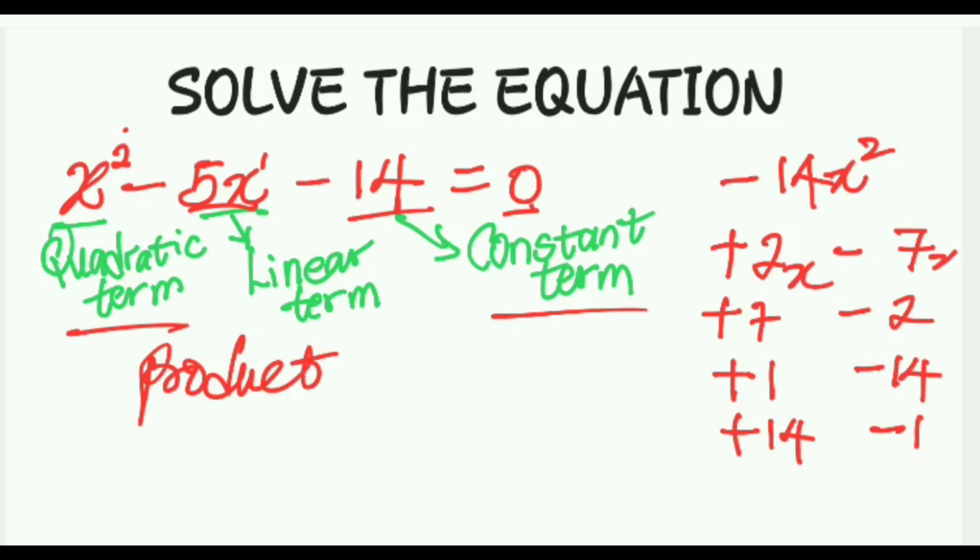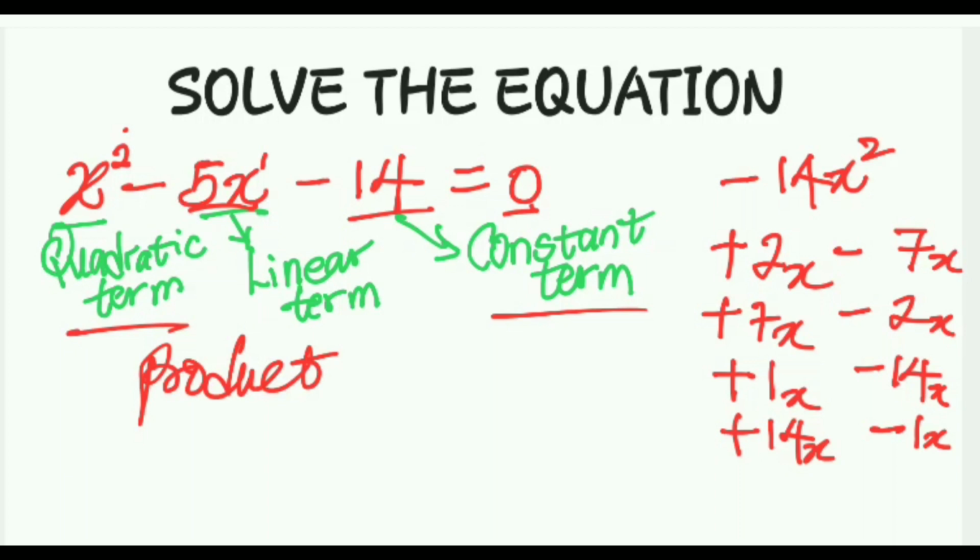All of these are in terms of x. All of these combinations of factors will give us the product of minus 14x squared. But we need a factor that will fulfill two conditions: 1, a product of minus 14x squared, and 2, a sum of minus 5x.